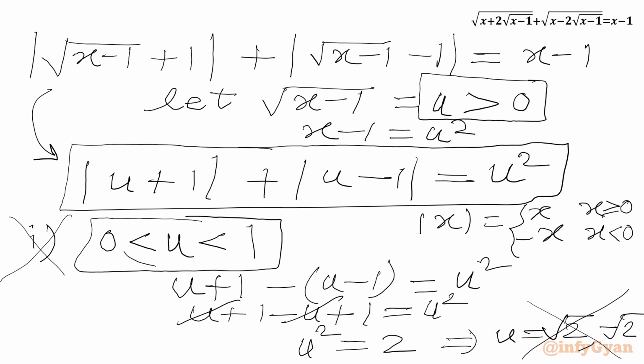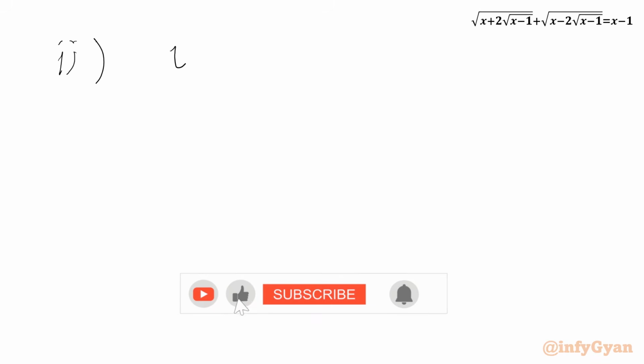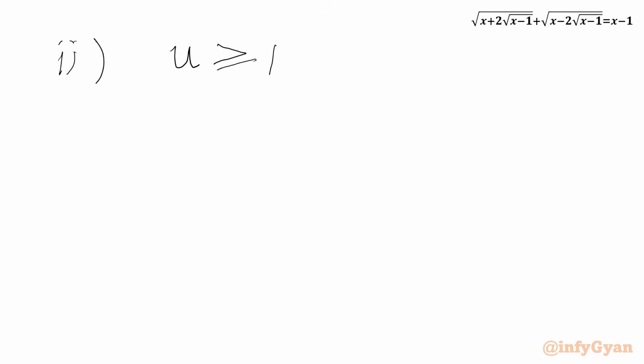Now our second case where u is greater than 1. So for positive u, we are having only two cases. u is greater than or equal to 1. So let me write the equation once: mod of u plus 1 plus mod of u minus 1 equal to u square.